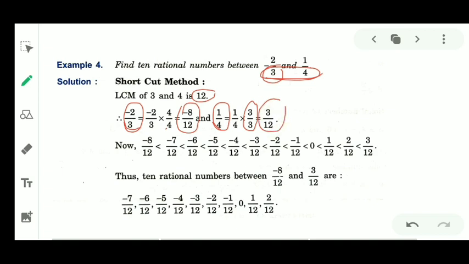Now it is easy for you to find the rational numbers between -8/12 and 3/12, because here the denominators of these two rational numbers are the same, that is 12.